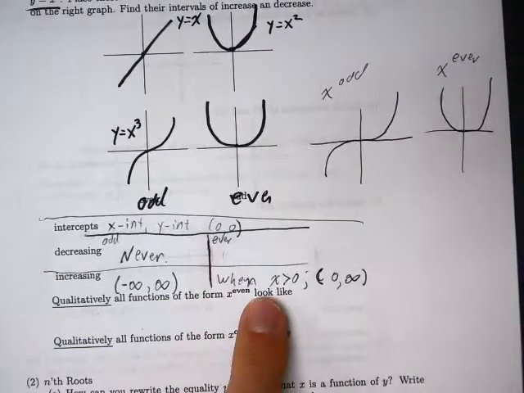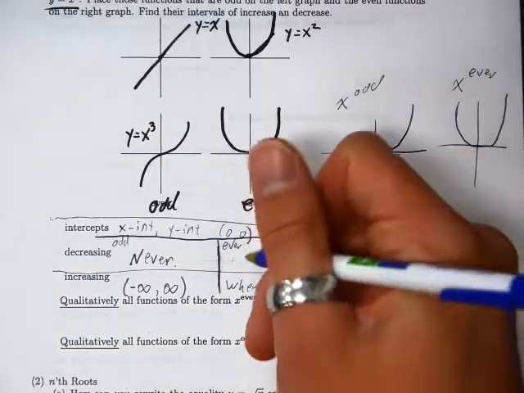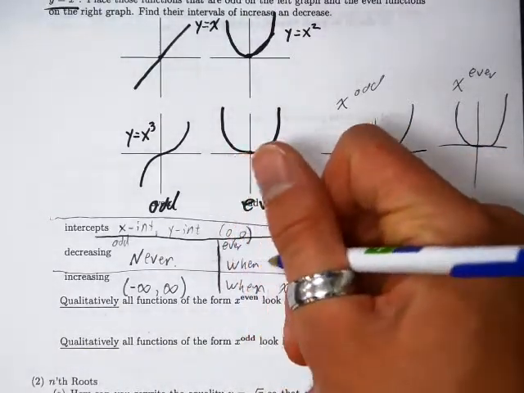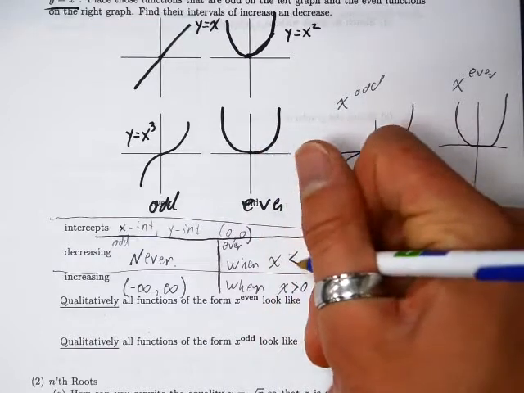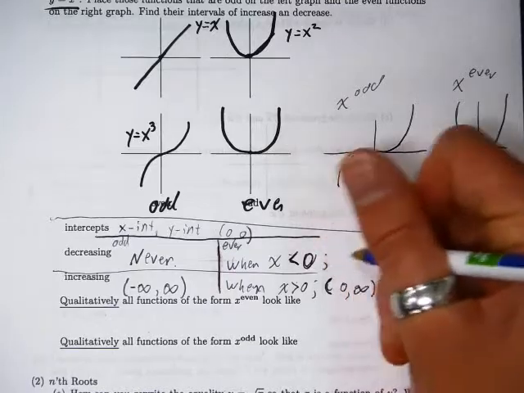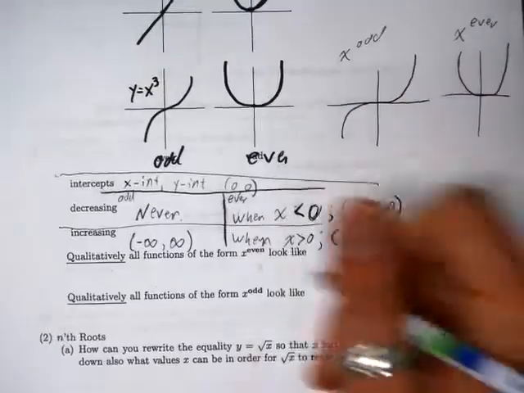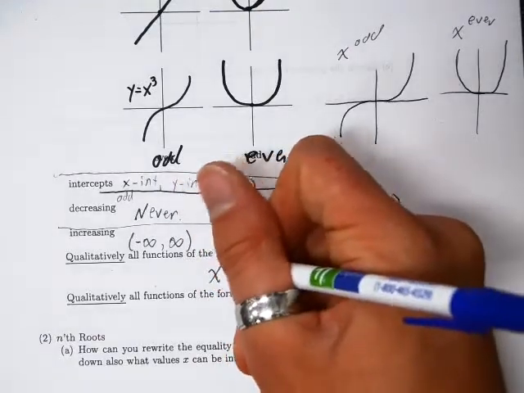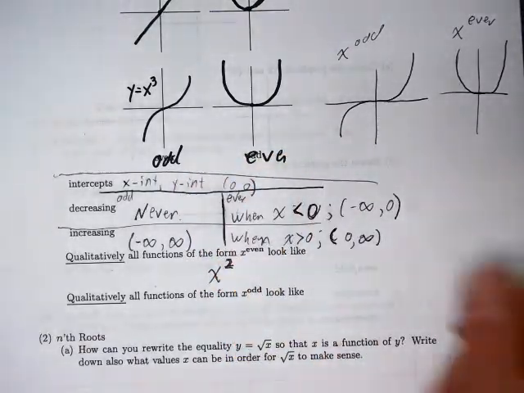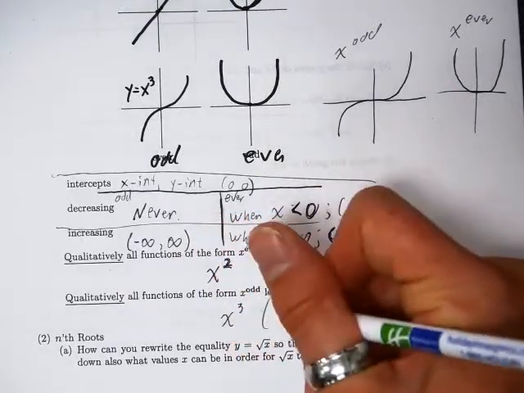So things that look like x to the even, they must be decreasing when x is, I said the wrong thing. When x is less than 0, they are decreasing, also known as the interval from negative infinity to 0. All functions that look like x to the even really just look kind of like x squared. All functions that happen to be of the form x to the odd qualitatively look like x cubed.